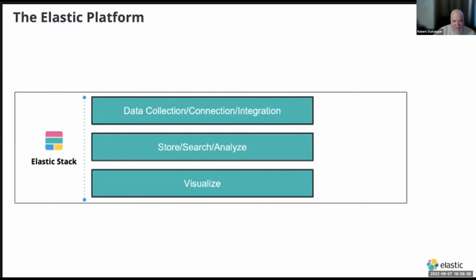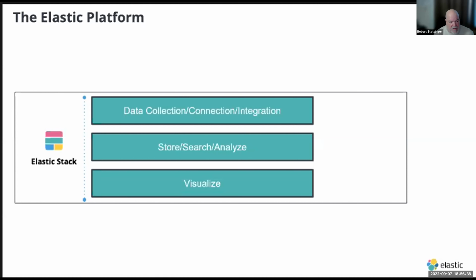And the stack itself is what has traditionally been thought of as Elasticsearch, Logstash, and Kibana. I prefer to think of it as a piece of the stack that goes out and does data collection, connection, and integration with various data sources. This is what's known as the Beats: Filebeat, Metricbeat, a whole set of Beats that have been created by open source people, like maybe some of you.